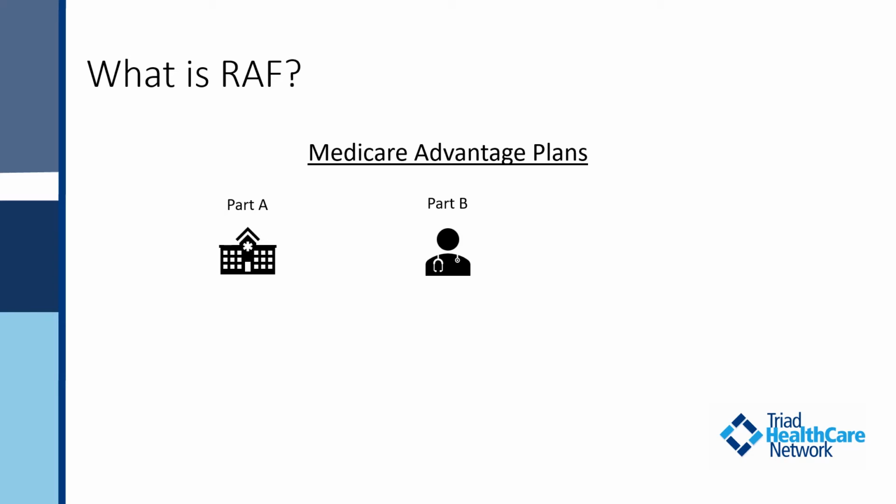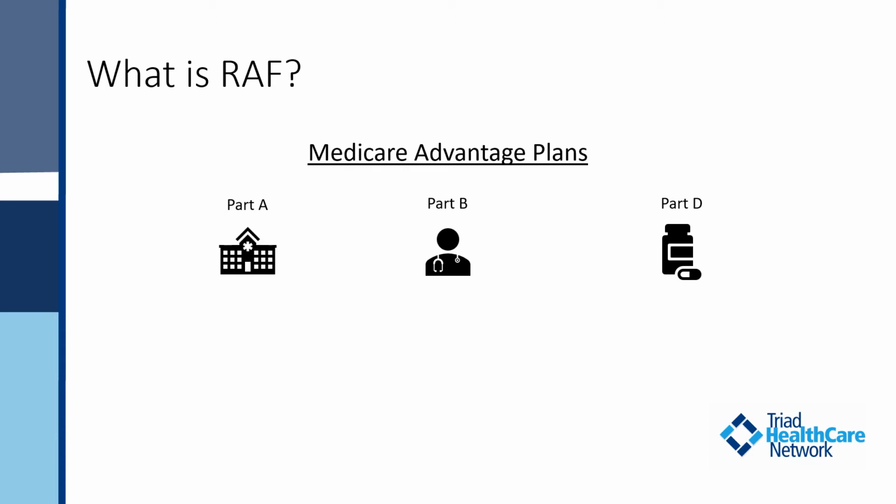Part B pays for physicians and other outpatient care, some medications, and some other outpatient care. And again, Medicare pays 80%. There's also one called Part D, and Part D is one that probably most people are familiar with because this is the medication or drug benefit of Medicare.